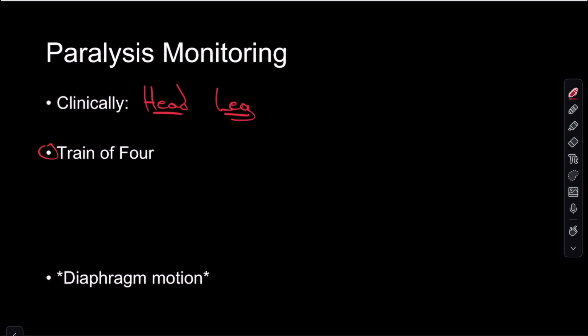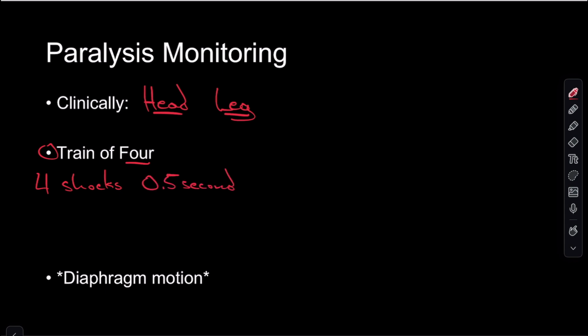Train of 4 is a monitor that evaluates the degree of paralysis that a patient has after receiving a neuromuscular blocker. It's called train of 4 because it delivers 4 electrical shocks spaced a half a second apart.